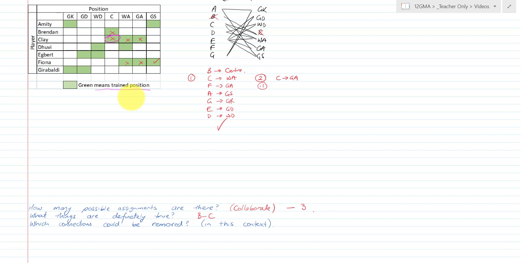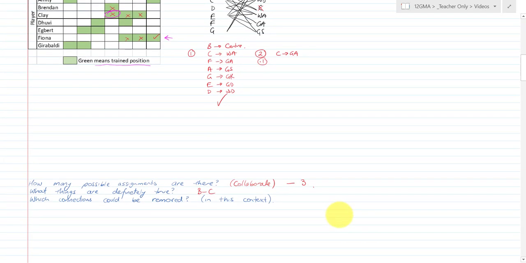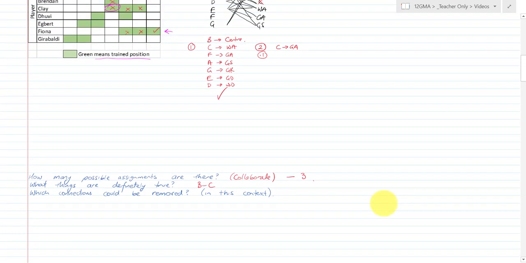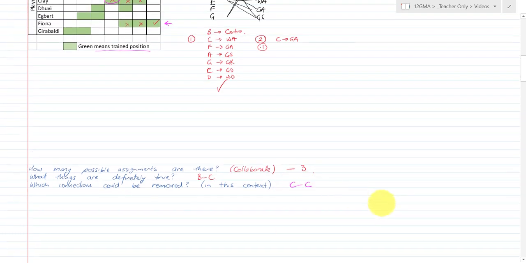She's the only one left that's got 3 possible options, but in our 3 solutions she actually uses those 3 possible options once each. So they can all stay, but it's definitely worth checking. Okay, so I'll just put down here the answer is Clay and centre can be removed, otherwise the rest have to stay.